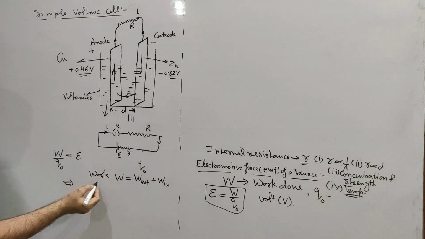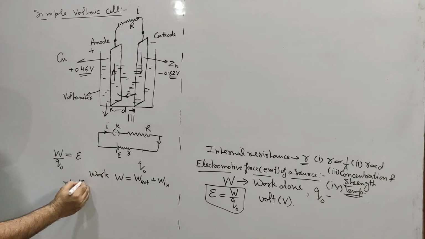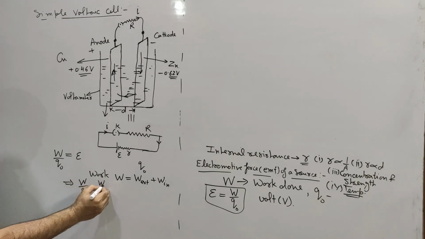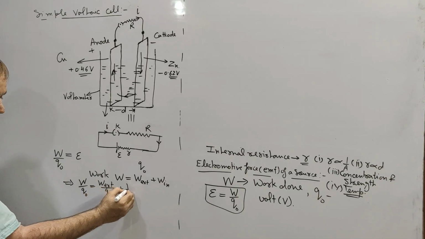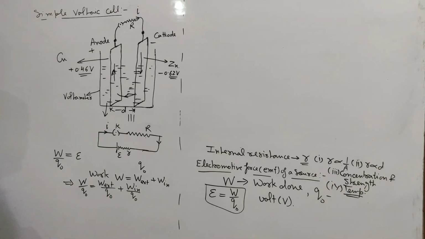If we divide this relation both sides by Q naught, then we will get W by Q naught is equal to W external by Q naught plus W internal by Q naught. And we know that total work per unit charge is EMF. Then what about W external by Q naught?